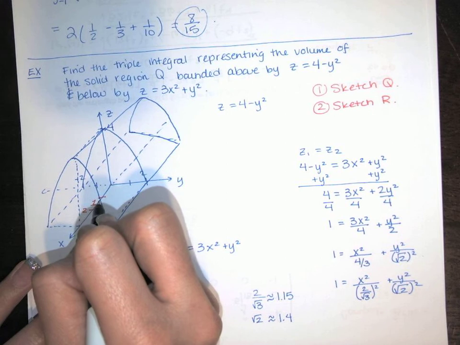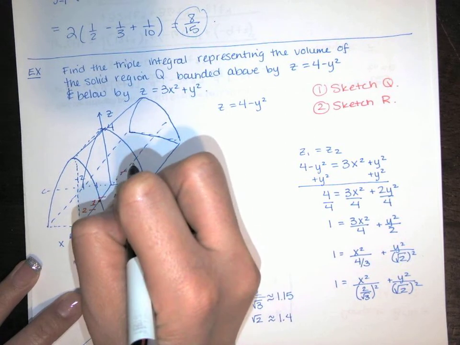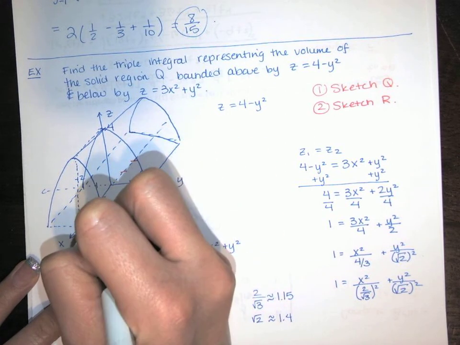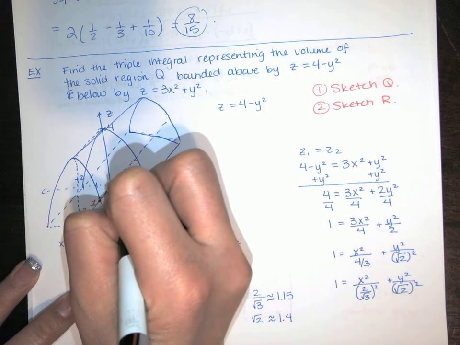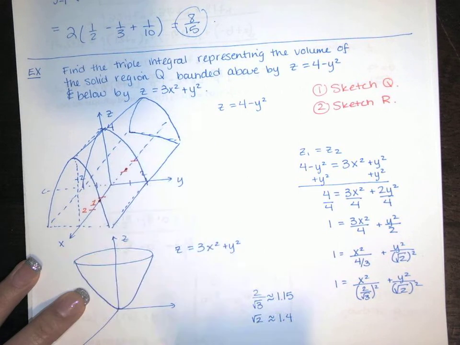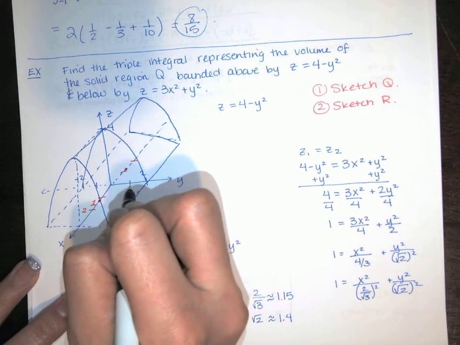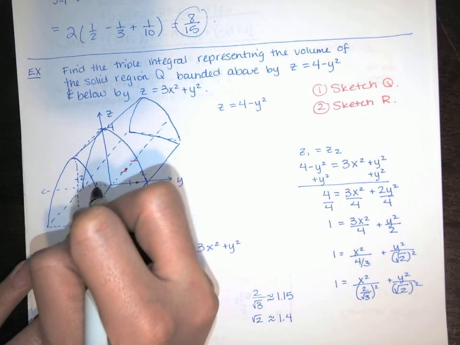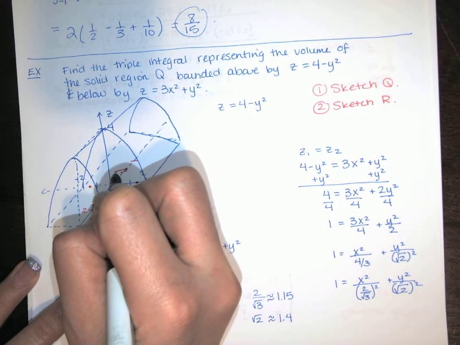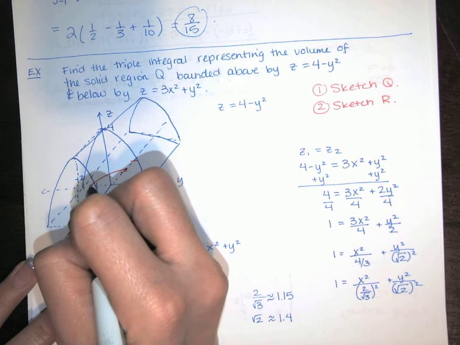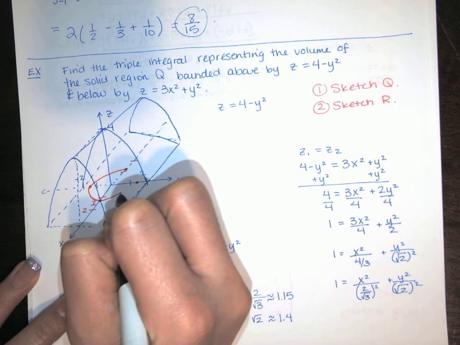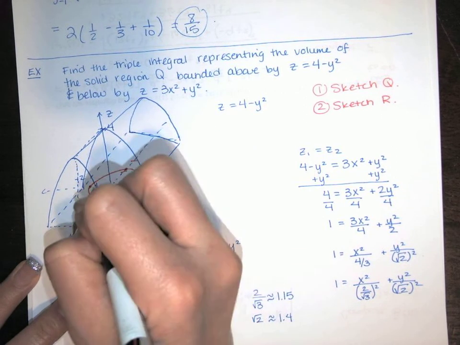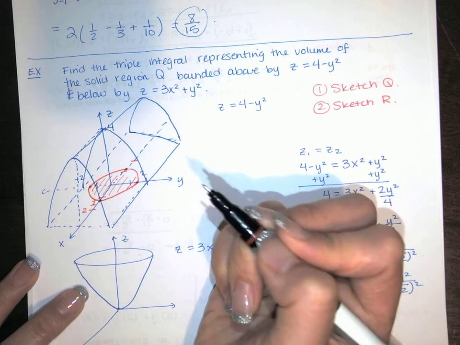We want to go a little bit in the x direction to 1.15, and then we want to go back to 1.15. And then in the y direction, we want to go left and right 1.4 units. So maybe there and there. So that's our region R.